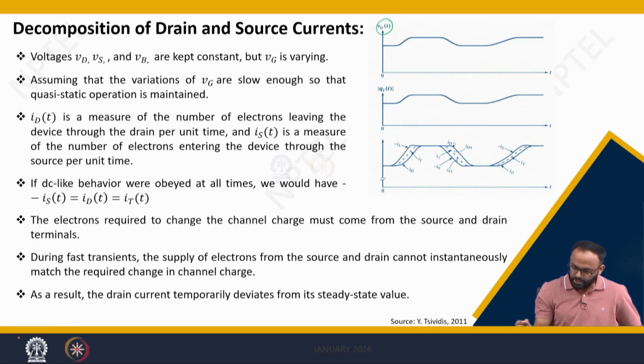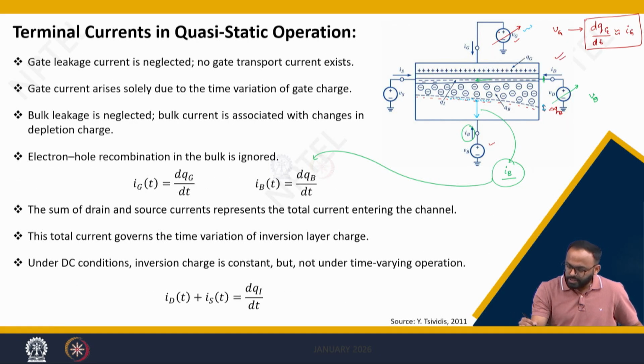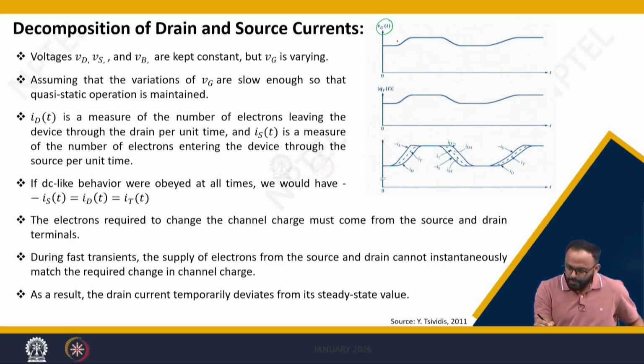So, in the same picture, we are changing the gate voltage very slowly. Let us consider, if you increase the gate voltage, what will happen? The inversion charge in the surface will increase. So, if you are slowly increasing the gate voltage, at that instant the inversion charge should increase.